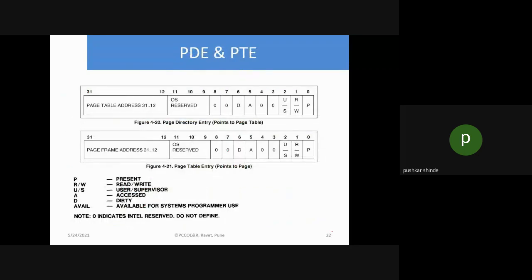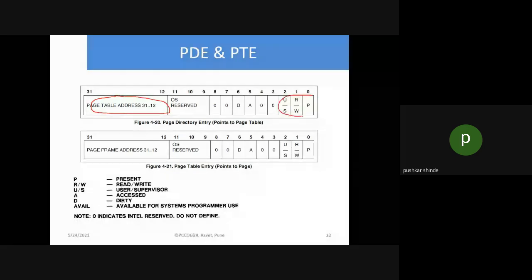And speaking about the page directory entry and page table entry. As I told you, the page directory entry contains the base address of the page table. 20 bits are used for addressing the base address of the page table. Then there are some security related bits also in the page directory entry: user supervisor, read write and present.